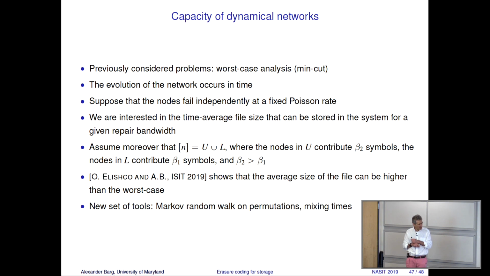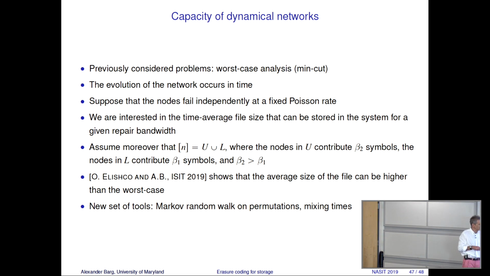And then it is possible to show that the average size of the file is higher than the worst case. So the random nature of the failures combined with this heterogeneity in the contribution from the nodes enables one to store more information in the network.